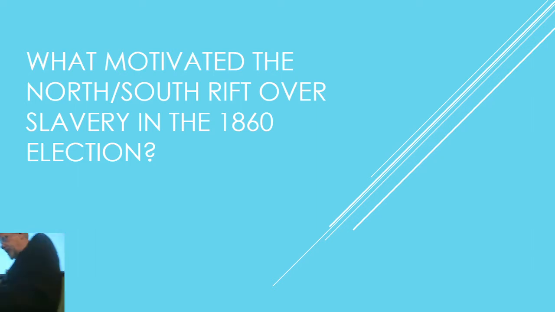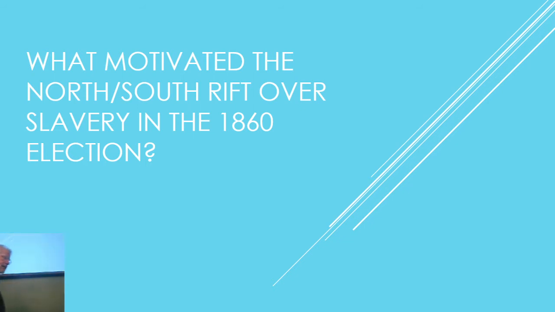The Whigs, the Know-Nothings, and some Democrats form something called the Constitutional Union Party, and they nominate John Bell, a wealthy Southerner from Tennessee. And so we have the Constitutional Union Party, we have the Democratic Party, and we have this party, the Republican Party, all competing in the 1860 election. 4 different presidential candidates.